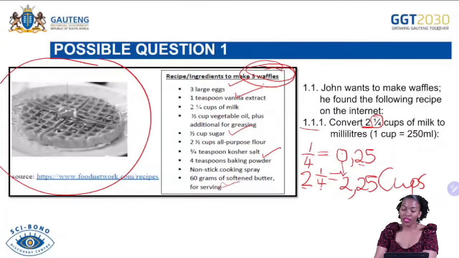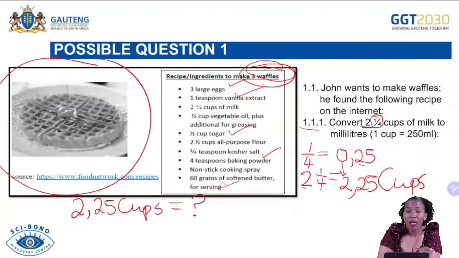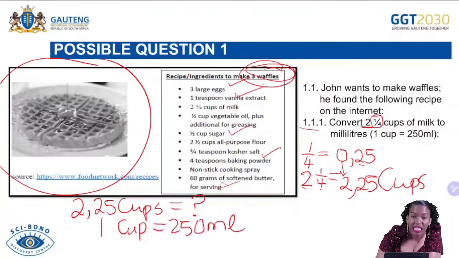Now I need to convert this 2.25 cups of milk to what? To milliliters. So I'm going to say, all right, 2.25 cups will give me how many milliliters? I don't know, but do I have the conversion factor? Yes, it is given to me. They say that 1 cup is equal to 250 milliliters.